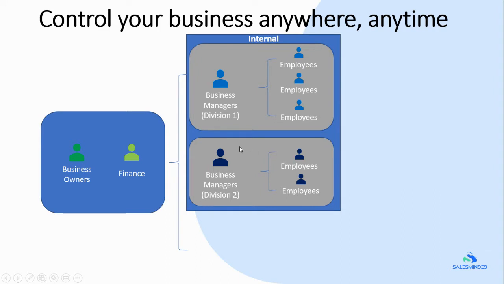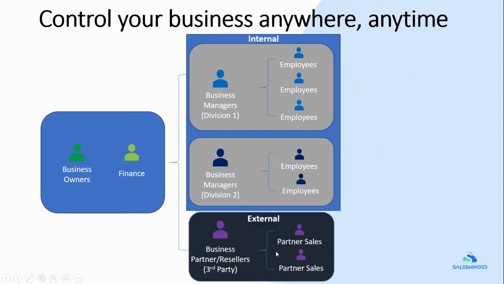The basic idea is you have a business owner account access, a business manager access, and subsequently the employee access. Using the system, you can also manage external parties such as your partners and resellers, and also manage the salespeople under them.